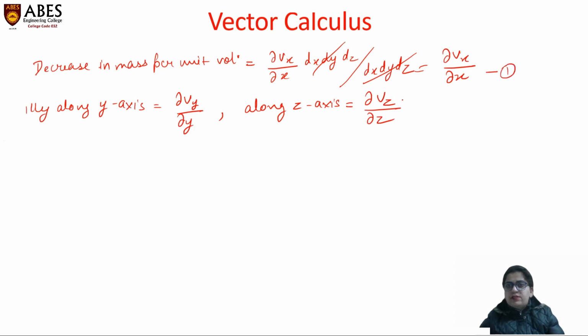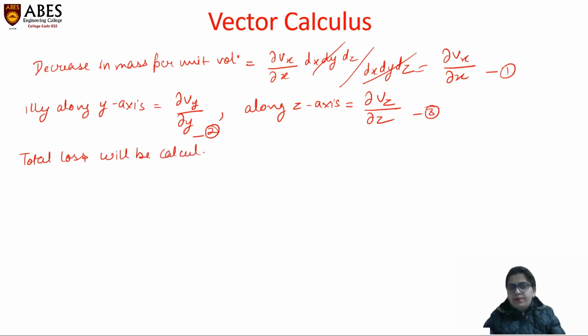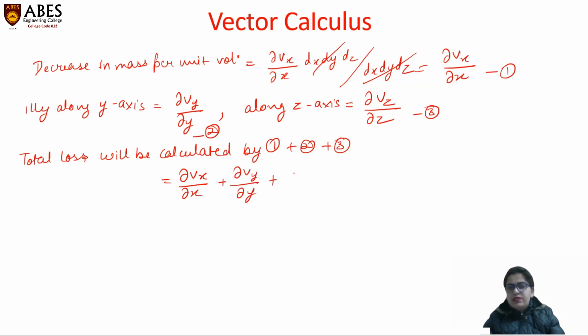So let us consider this equation 1, 2 and 3. So the total loss will be calculated by adding first, second and third equation. It will be del Vx over del x plus del Vy over del y plus del Vz over del z.